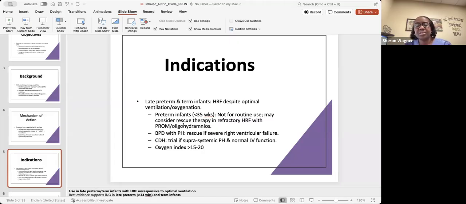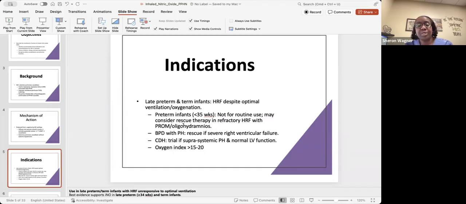BPD with pulmonary hypertension is another indication, and it can be used to rescue if there's severe right ventricular failure. Babies that have congenital diaphragmatic hernia are also able to be given nitric oxide.